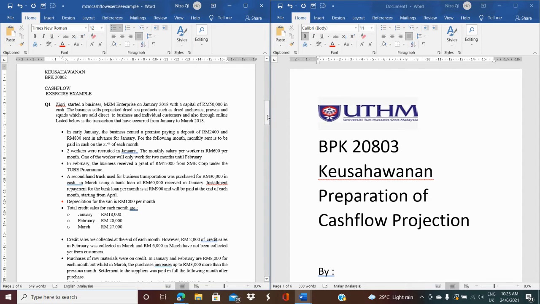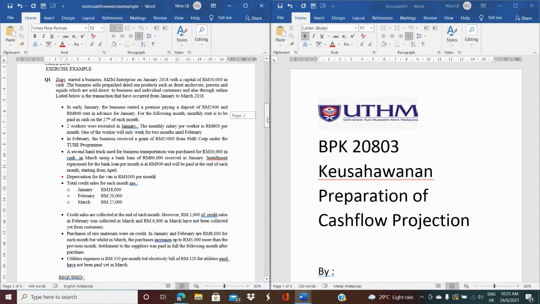Purchases of raw materials were on credit in January and February, RM 8,000 for each month, but in March the purchase increases to 3,000 more than the previous month. Settlement to the suppliers was paid in full the following month after purchase.